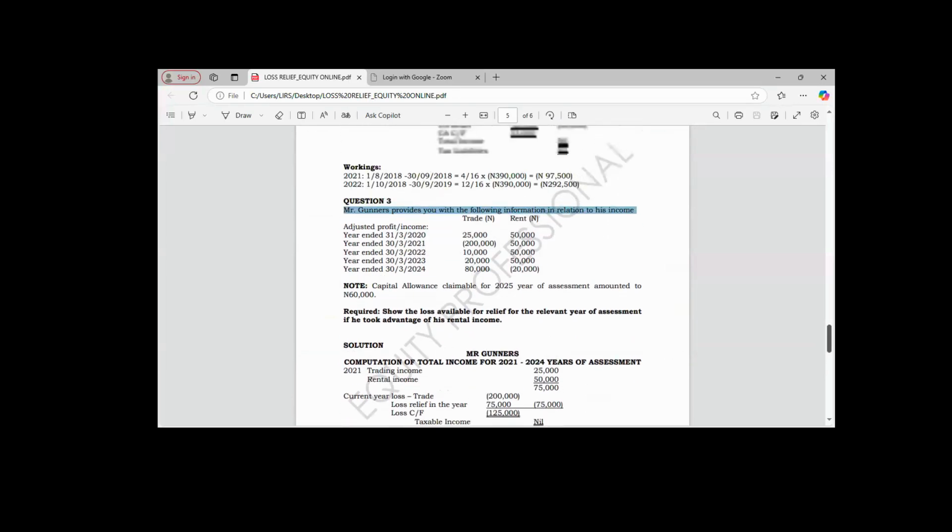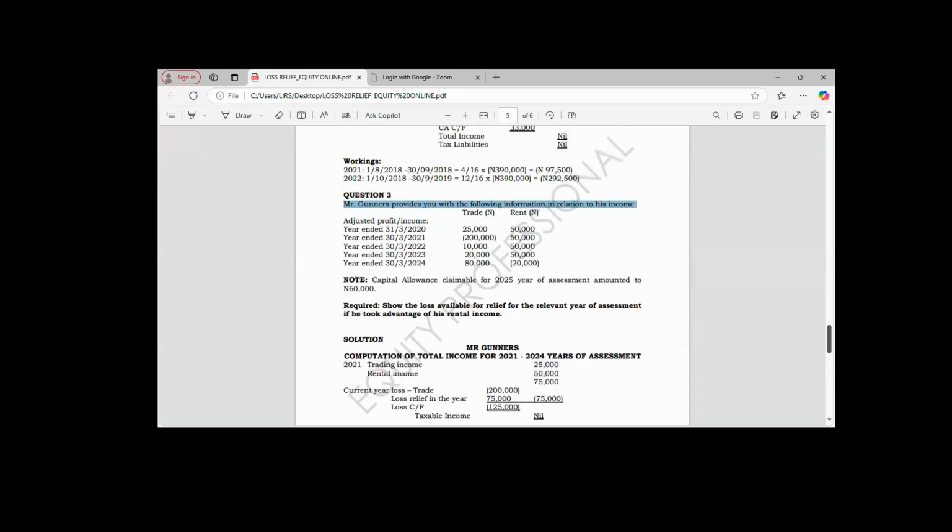So my question now is this: they now say, note, capital allowance claiming for 2025 year of assessment amounted to 60,000, because I showed the loss available for relief for the relevant year of assessment if he took advantage of his rental income. For a question like this, how do I know as a student that this question is on current year loss relief? The first thing that will guide you is that the taxpayer is an individual. And for an individual taxpayer, they can either go for the current year or carry forward loss relief.